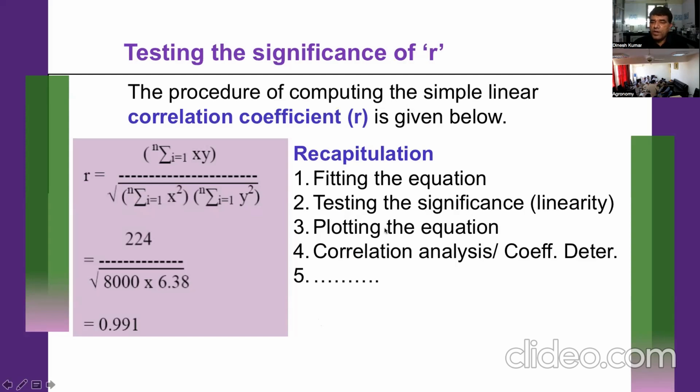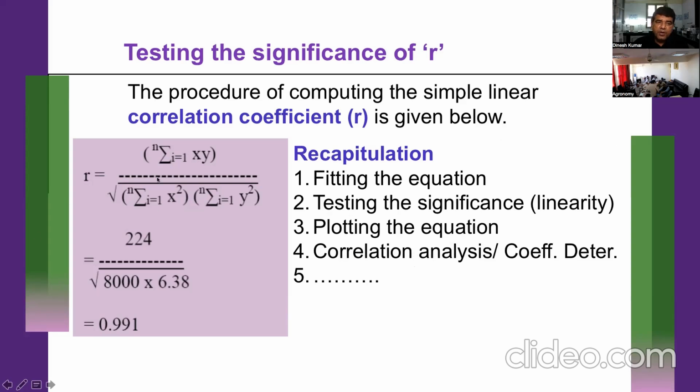Then we plotted it and made the graph or chart. And after that, we are now doing correlation analysis, and we are also going to calculate the coefficient of determination. So this is a recapitulation of the steps we have understood up to now, and we will see what can be done next.